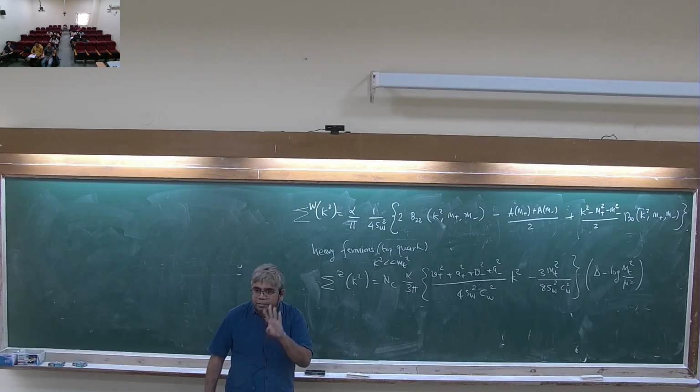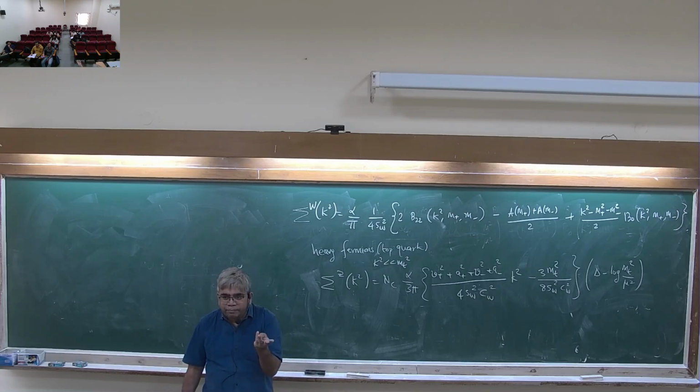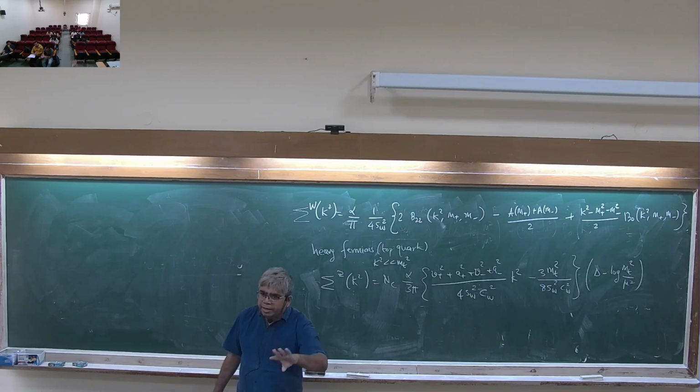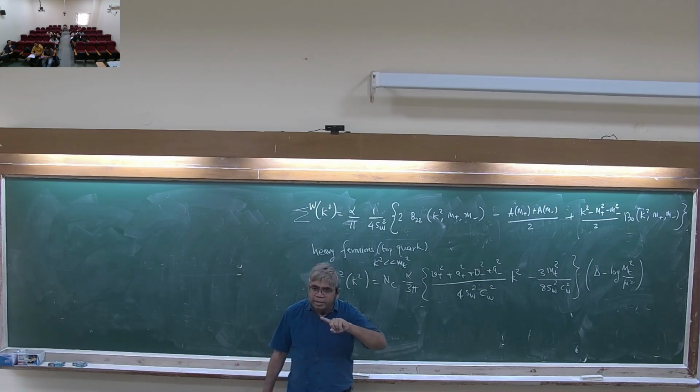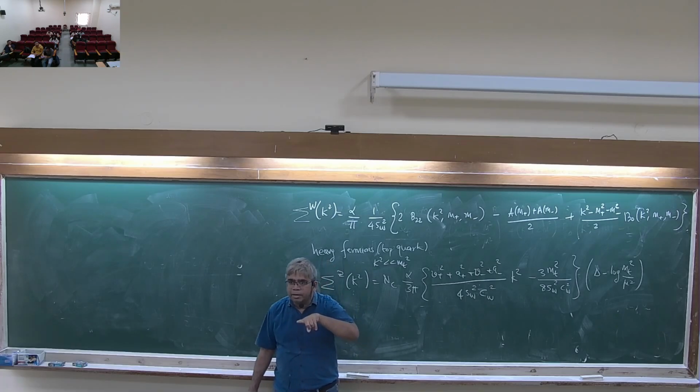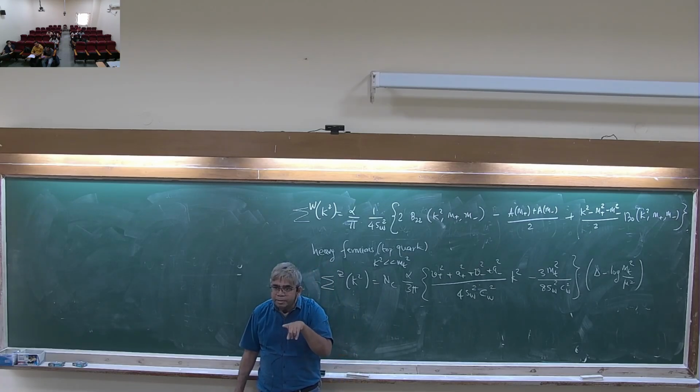Maybe you are lost. We did the general formula for pi gamma gamma, pi gamma z, sigma gamma gamma, sigma ww, sigma zz. Okay, for any k. And then we did some limits for k square greater than mf square only for pi gamma gamma. And pi gamma z we also did the same. We didn't do that limit, but we just said pi gamma z goes to 0 in the limit k square goes to 0.